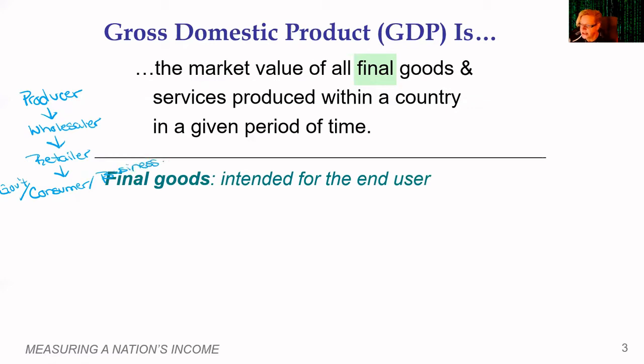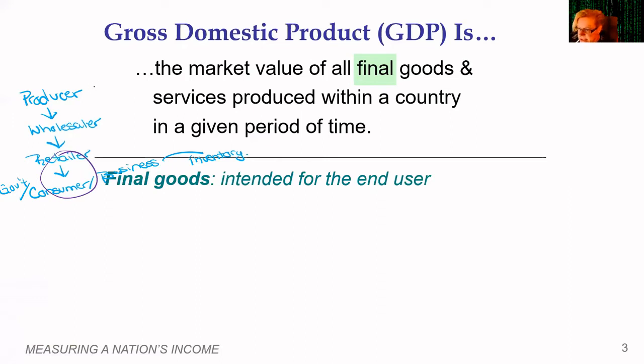Again, the business is selling the good to the end user. So it might be inventories and those kinds of things would be included. I think that'll become clearer as we move on. But we're only going to include the products that are in the final phase of the retail chain.